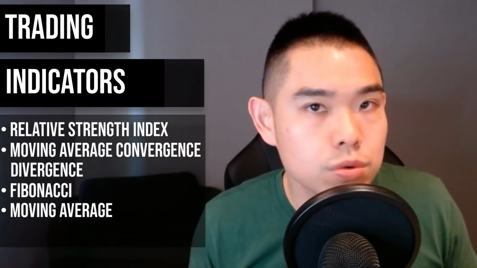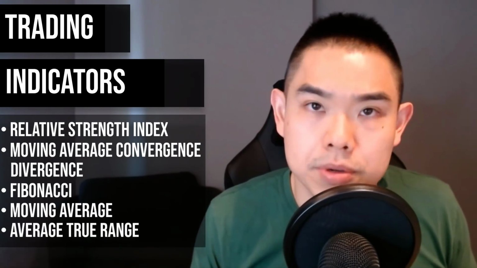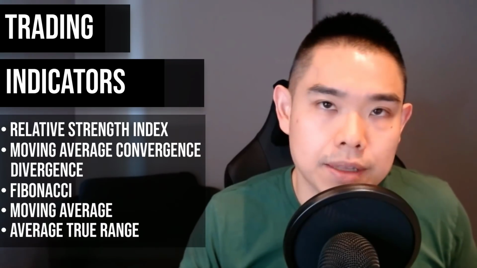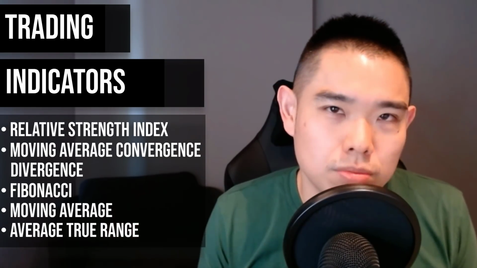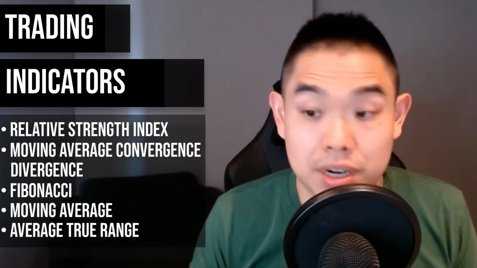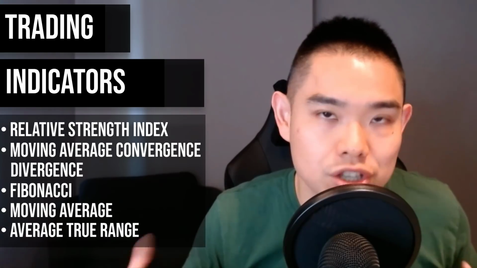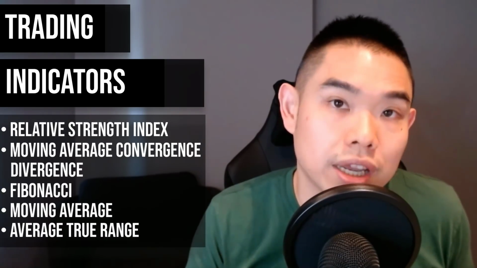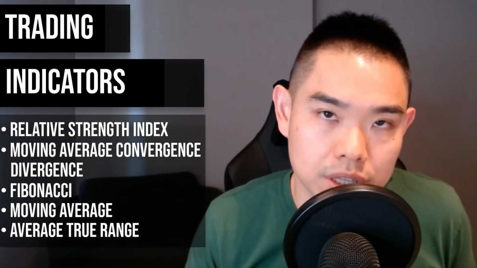At the same time, you have tools like the average true range indicator. It can help you manage your trade to set a proper stop loss. So for example, let's say the price has come into an area of support and you don't want to set your stop loss just below the lows of support. The price might spike through it and then reverse up higher. So how do you give it some buffer so you don't get stopped out too early? You can use a tool like the average true range indicator to determine, right, what is the historical volatility of the market.